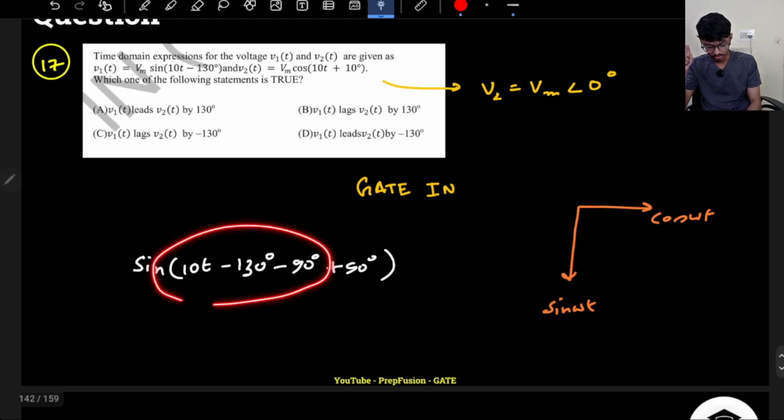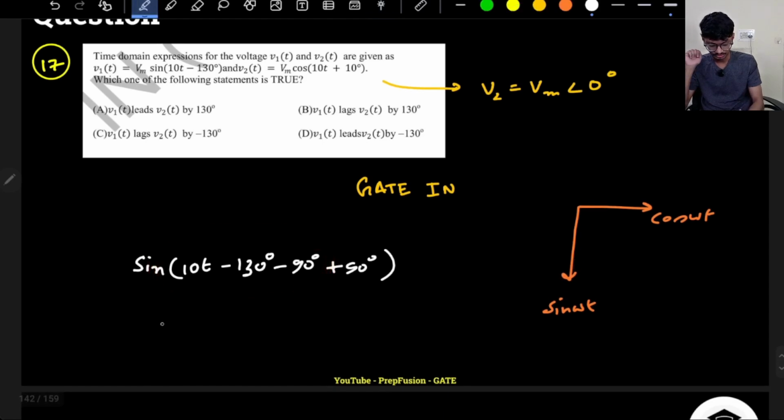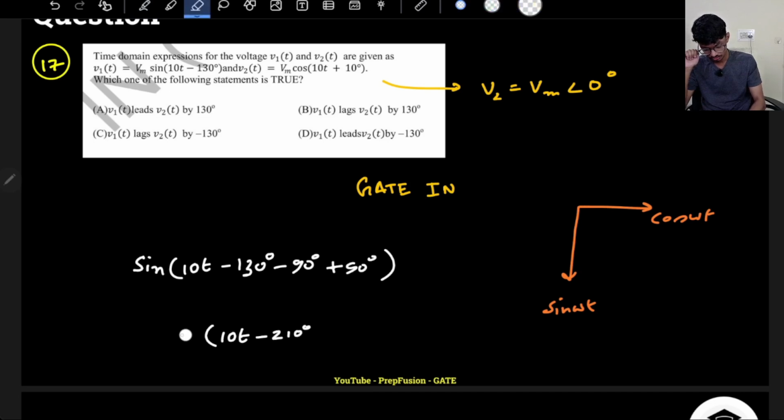To replicate that, I have to add and subtract 90, because this expression must remain unchanged. So this will be cos of 10t minus 210 degrees. That is how we can convert this.